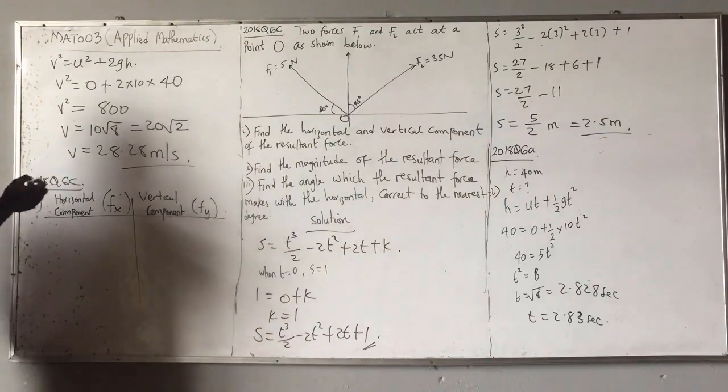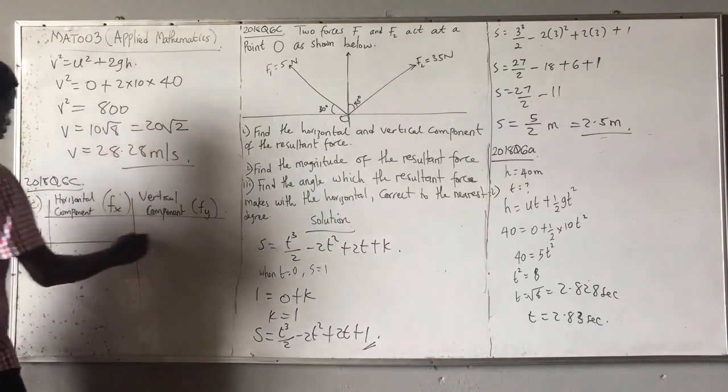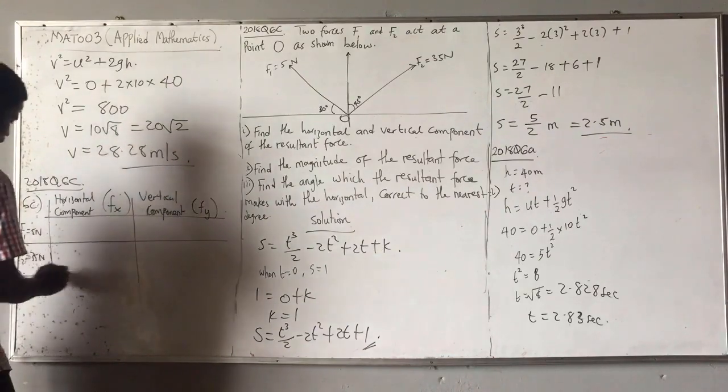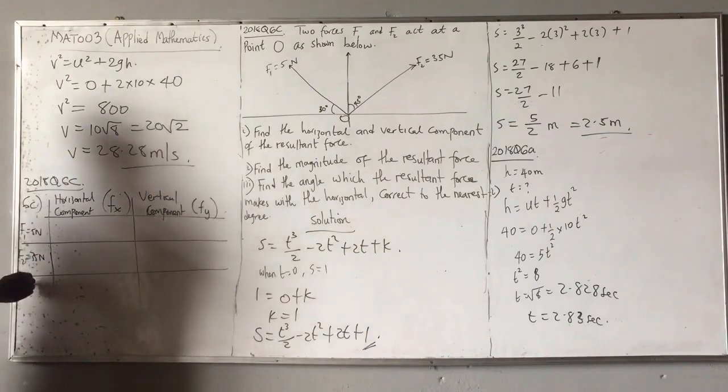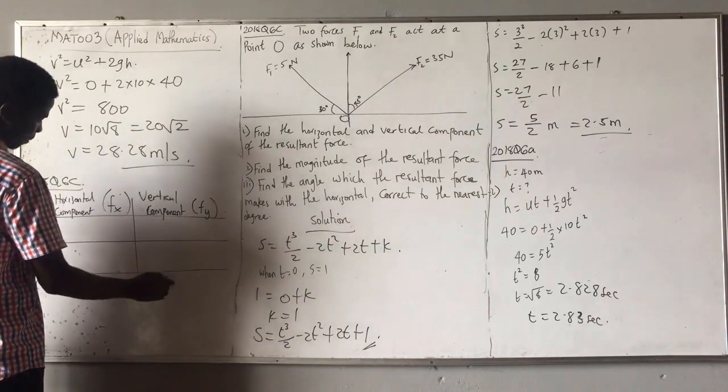Now we have F1. F1 is 5 Newton. That is for the first force. F2 is what? 35 Newton. That is the second one. Then the total summation of Fx, and summation of Fy.